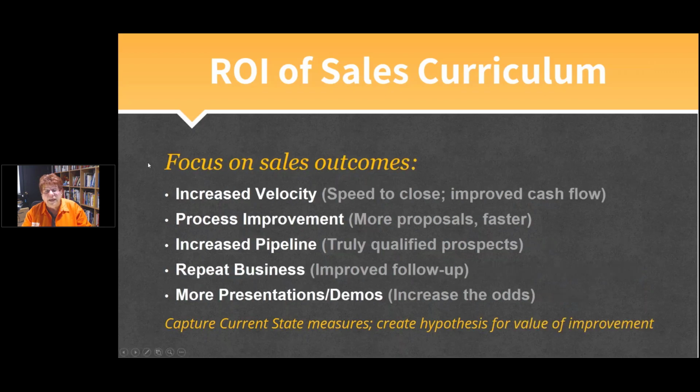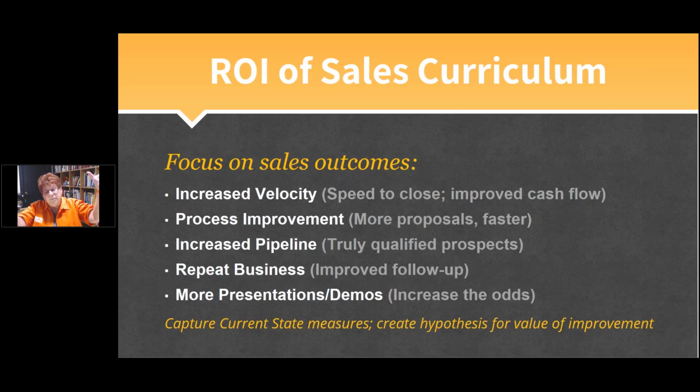If you're already doing e-learning, now we're going to get into more deeper outcome-based projections, and we're going to look at things like key performance indicators of how many proposals are we doing per quarter, how many truly qualified prospects do we have in our pipeline at any time, because sales is a numbers game.